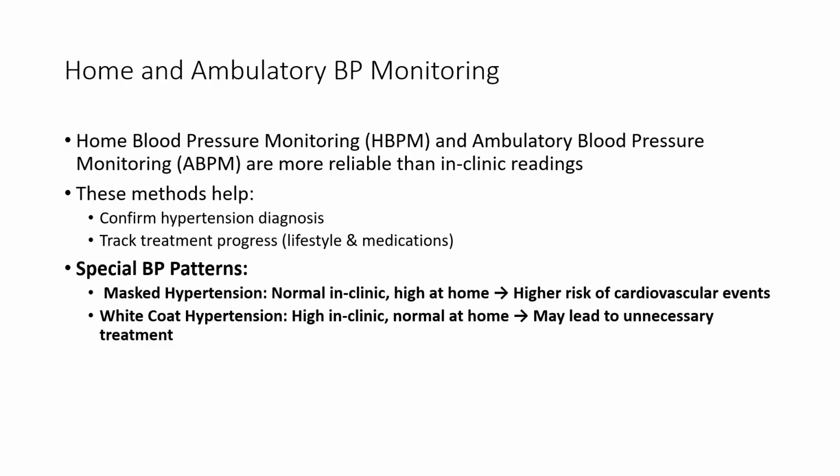White coat hypertension is where we see a high in-clinic blood pressure that is actually normal at home. So again, this is why we want to make sure we are getting accurate readings, having the patient take blood pressures at home so we can make sure we're not inaccurately diagnosing a patient with hypertension and starting them on treatment.